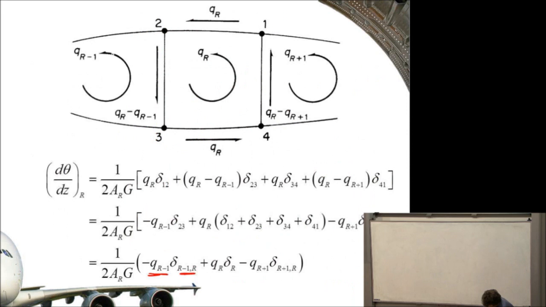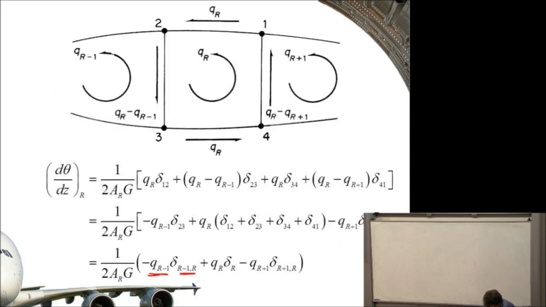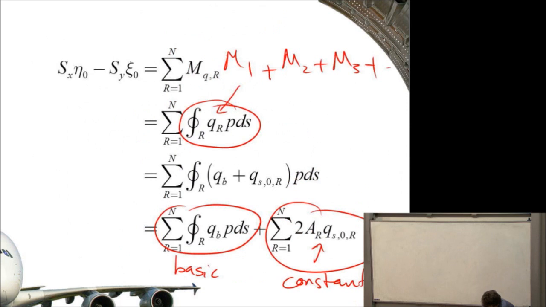Slightly different subscripts, but we've got the same equation there. Okay, so the complication with shear is that we've got to add the basic parts as well as the constant parts. So I'll see if there's an example that I can go through in Megson that we can do quickly in the next half an hour or next little while.